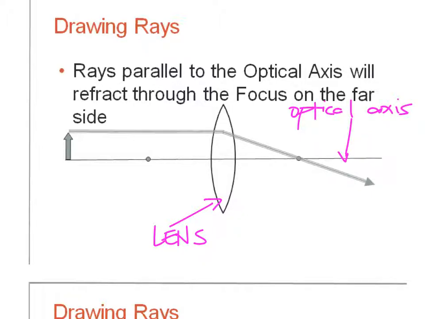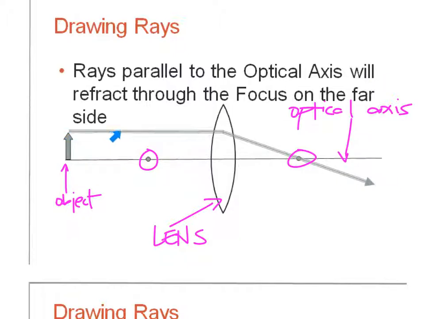And I've got 2 points, a point here and a point here. These are my focal points. And this arrow here is my object.